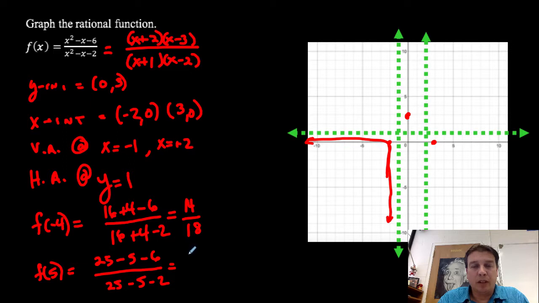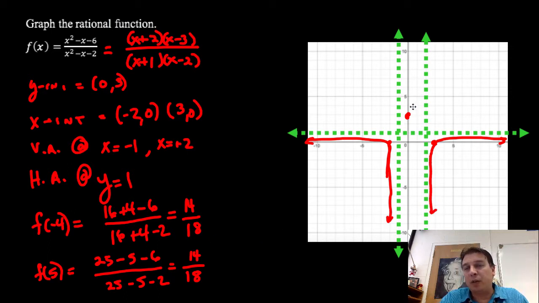So in my numerator, this will be 14, and then in my denominator, it's going to be 18 again. So it's the same idea. It's going to curl this way and curl this way.